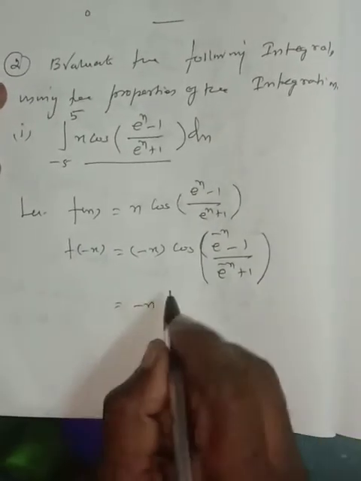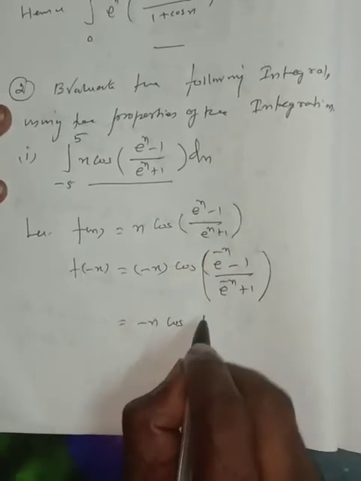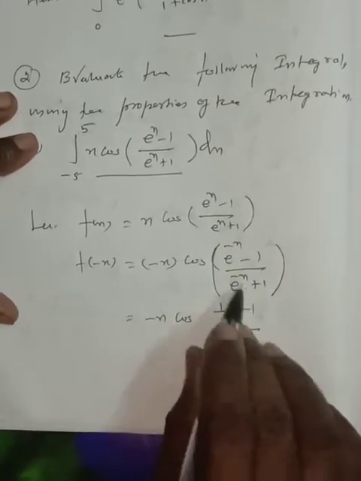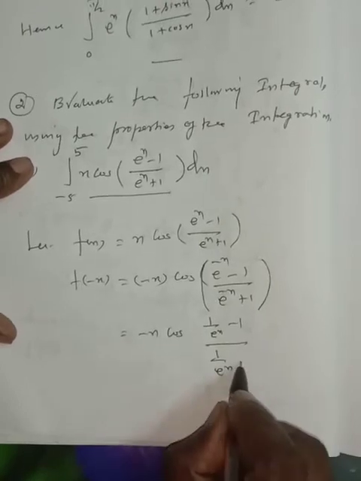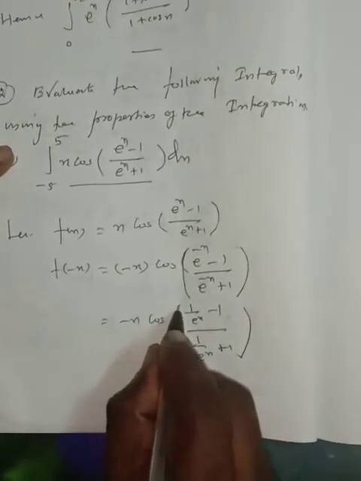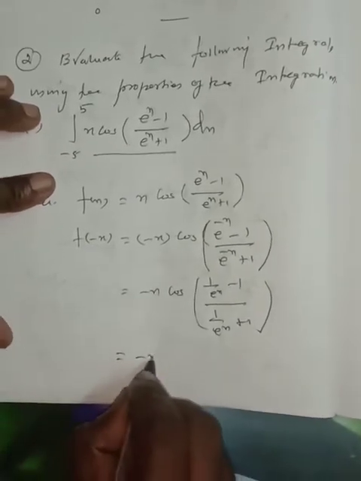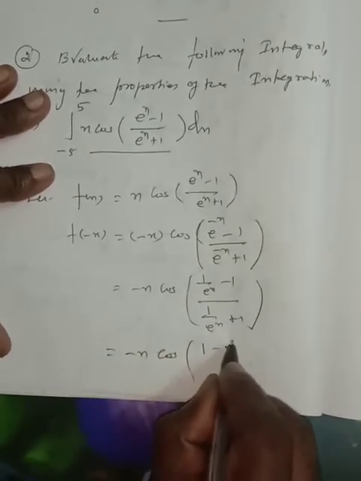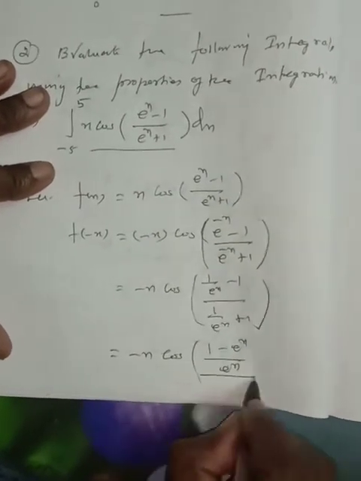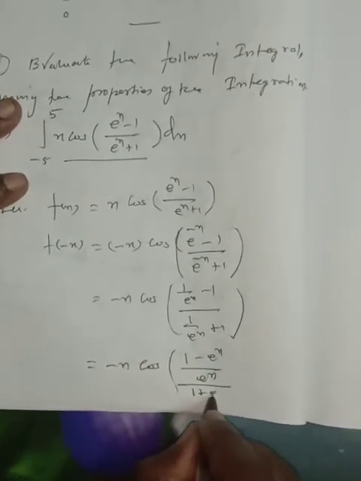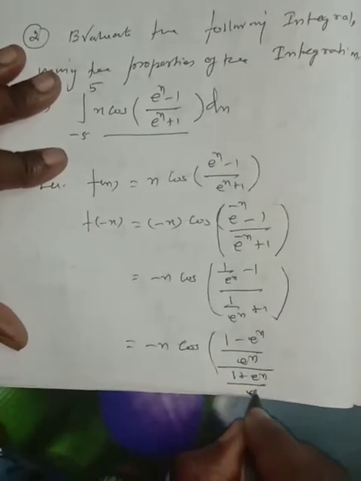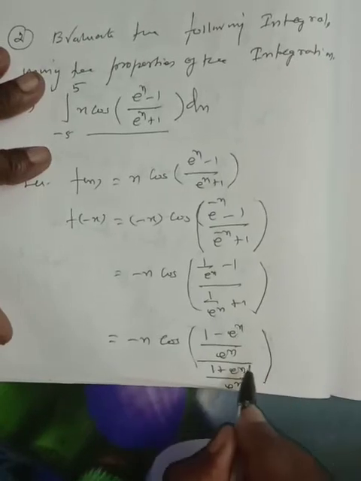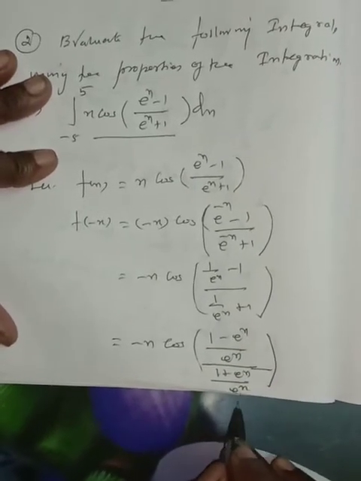That means 1 by e to the power of positive x minus 1 divided by 1 by e to the power of x plus 1, is equal to minus x cos of 1 minus e to the power of x divided by e to the power of x, divided by 1 plus e to the power of x divided by e to the power of x. Taking LCM, we get e to the power of x divided by e to the power of x whole divided by 1 plus e to the power of x divided by e to the power of x.